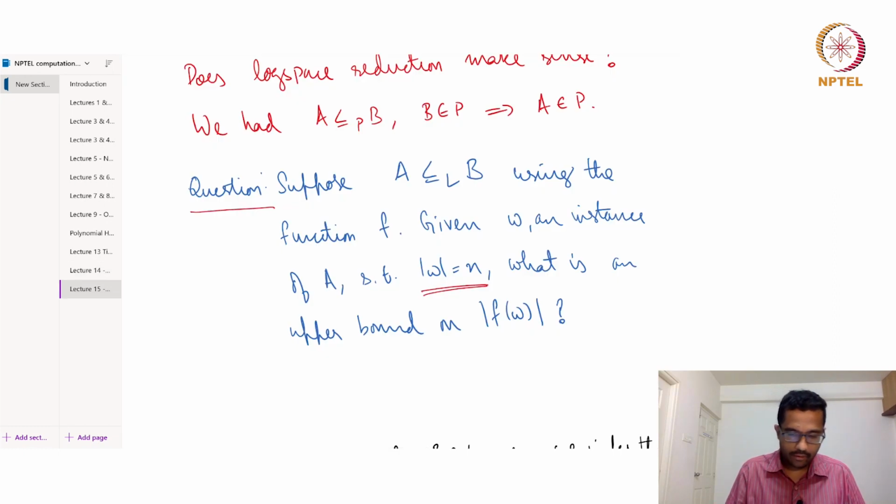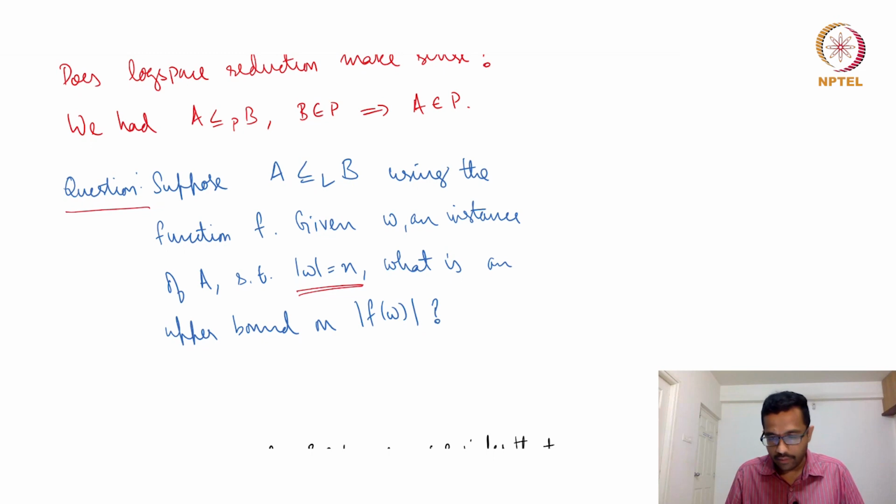So here the number of configurations for this machine could be 2^O(log n), which is polynomial. So it could take up to polynomial time to compute the reduction, and f(W) is written down in polynomial time.